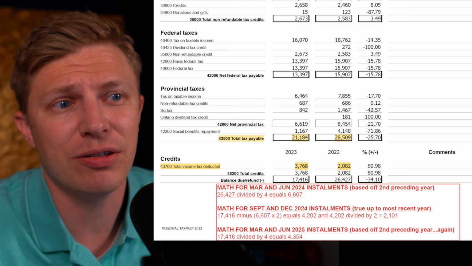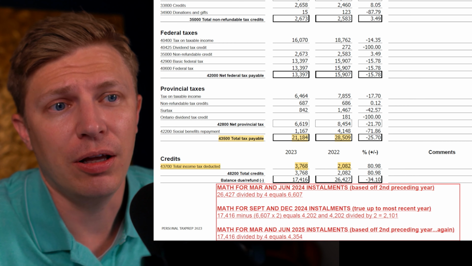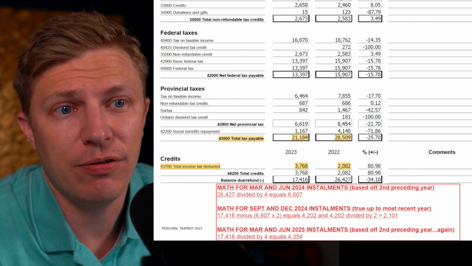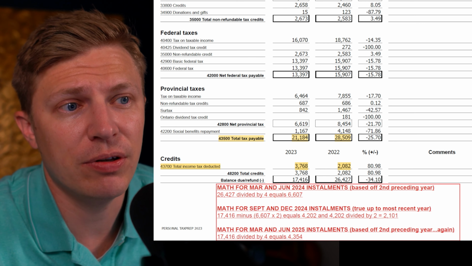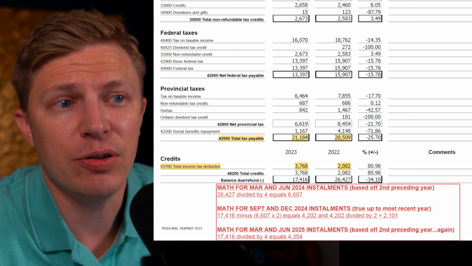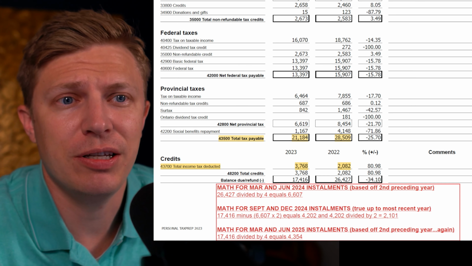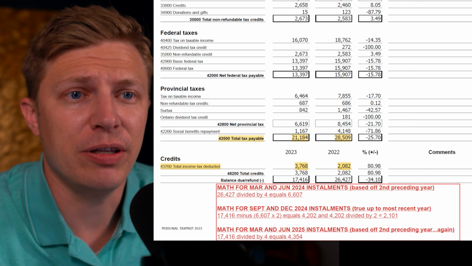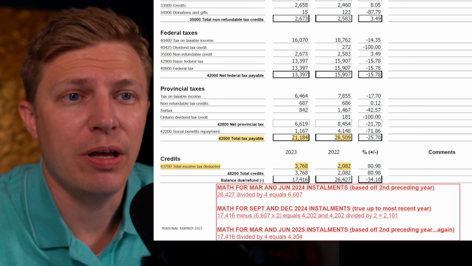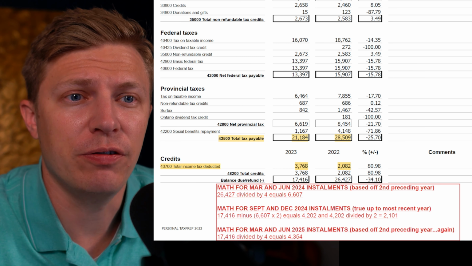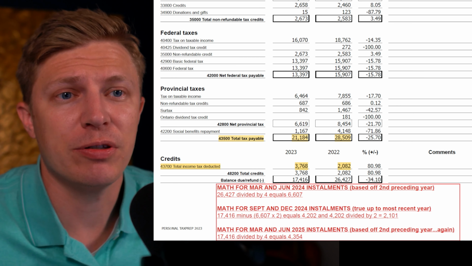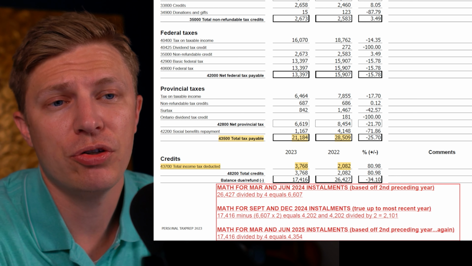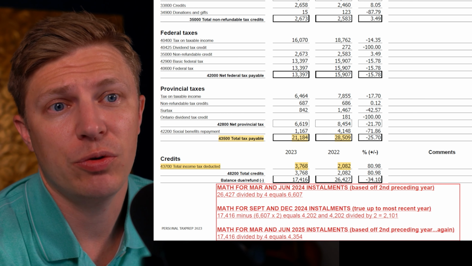So that is simply going to be, again, line 43500 minus 43700, which in this example gives you 17,416. You take that and divide that by 4, and that's going to give you 4,354, and that's going to be the amount that's requested for both March and June of 2025.